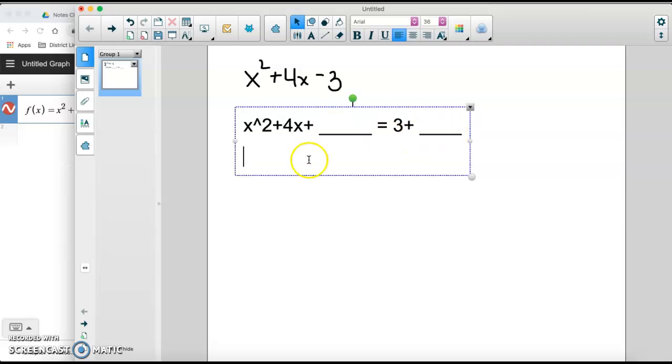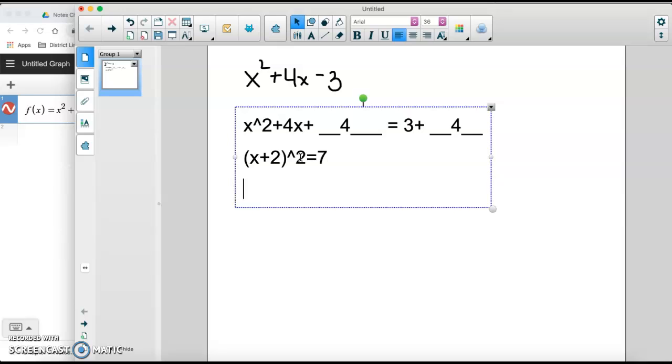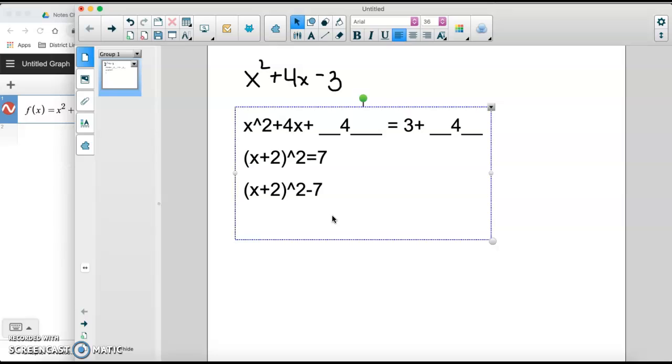If I turn this into a perfect square trinomial, I replace this box with a positive 4 on both sides. That allows me to write this side as x plus 2 squared equals 7. Now, if I just adjust slightly and move the 7 to the other side, x plus 2 squared minus 7, it's now in the form of a times (x minus h) squared plus k.